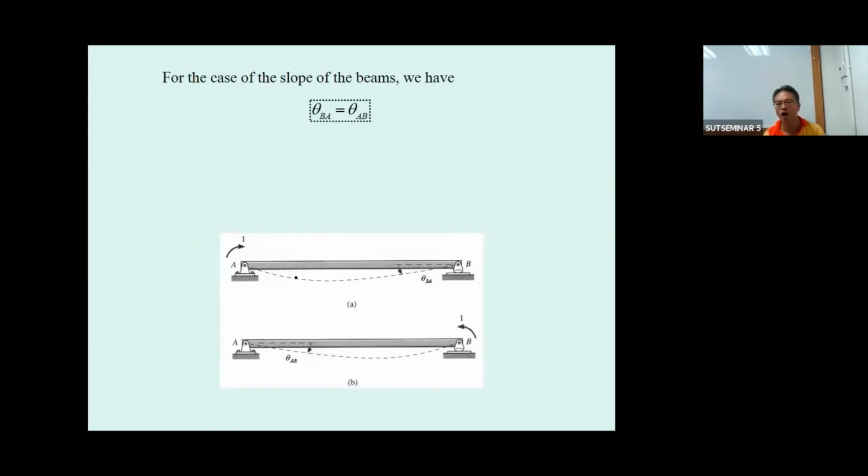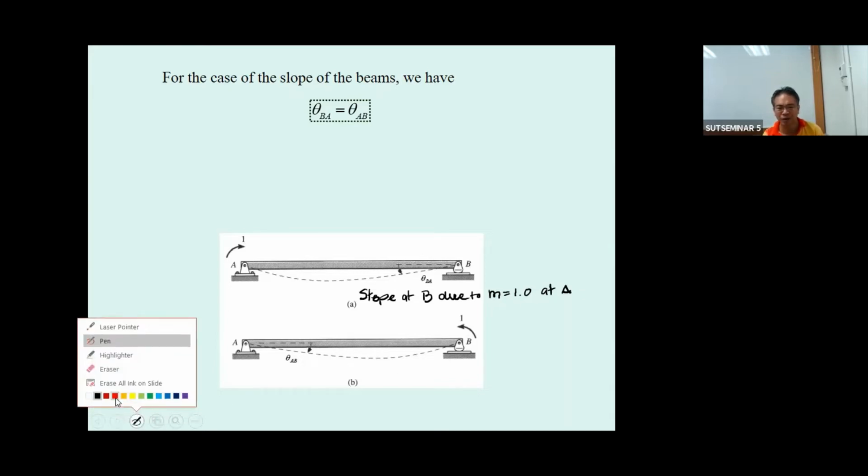This time we're talking about the slope. We're talking about the moment. This one is going to be the slope at B due to M equal to 1.0 at A. Okay, and then you do it again.